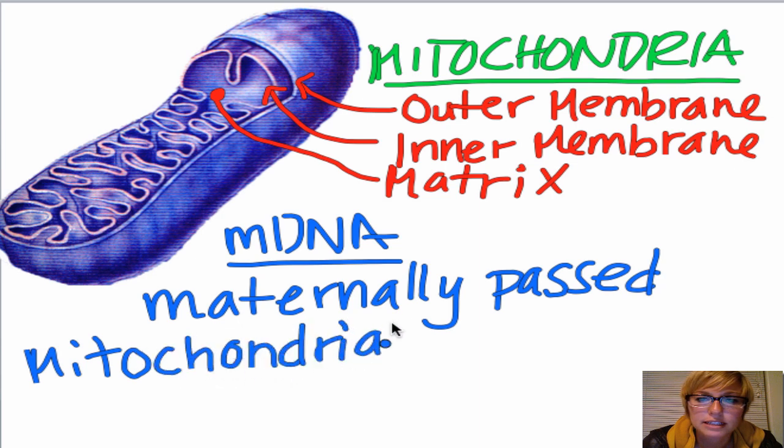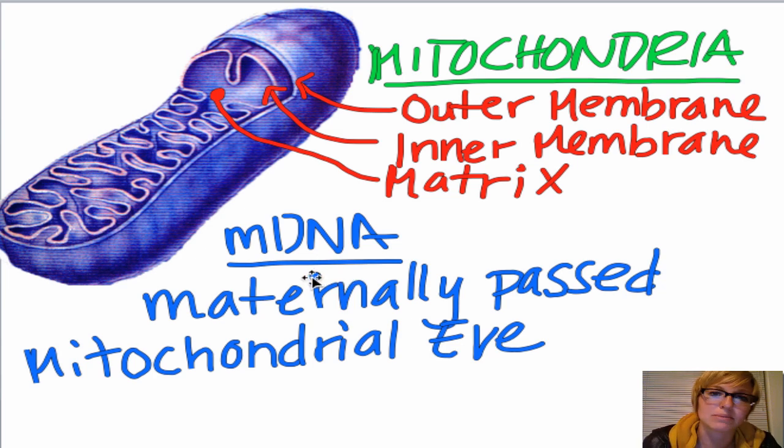Mitochondrial Eve was basically the first species that is most similar to us, or the first woman that is most similar to modern day humans. And we found that out through tracing back mitochondria. And so we call that woman mitochondrial Eve because her mitochondria is what stemmed our genes for our mitochondria.